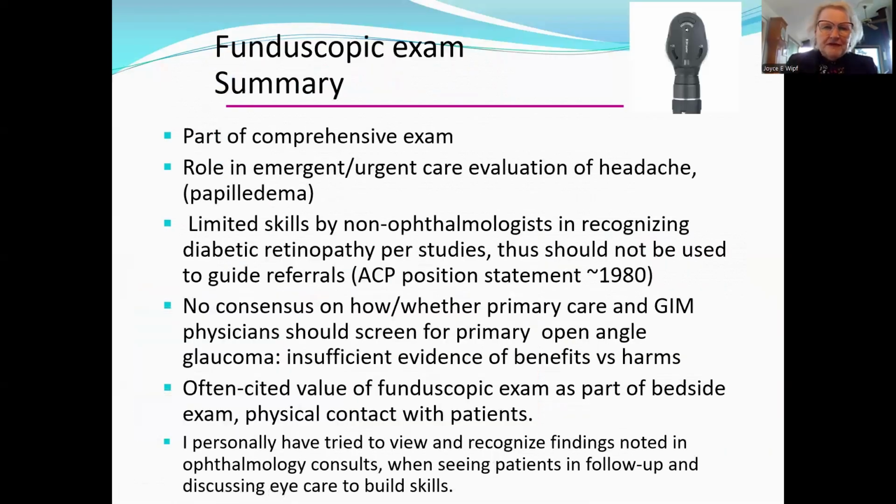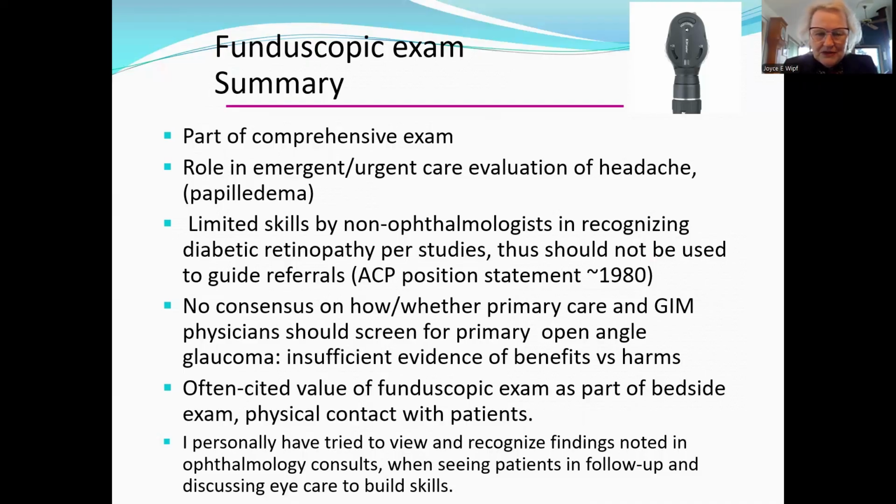So to summarize, the funduscopic exam really is part of the comprehensive exam. There's a role in emergent and urgent care evaluation of headache for papilledema. It's been evident that we have limited skills as non-ophthalmologists in recognizing diabetic retinopathy per many studies.